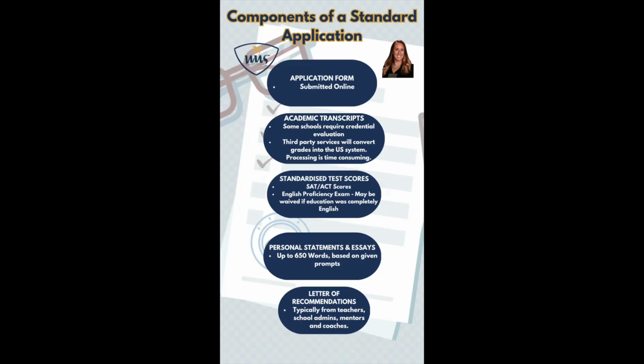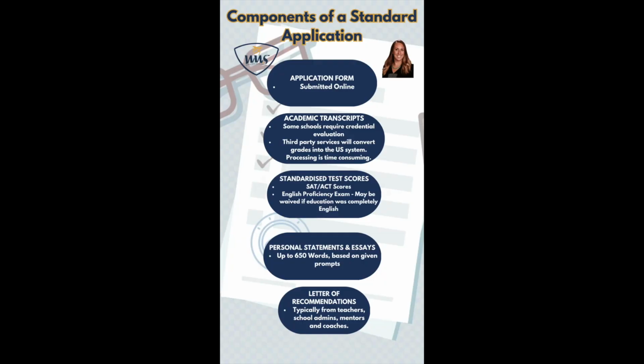And also something else to be aware of is that specifically for international students, some schools will require a credential evaluation. So what that means is there are third-party services like WES and ECE that will convert your grades to the US grading system and certify that you have completed all of the necessary requirements for that particular college.